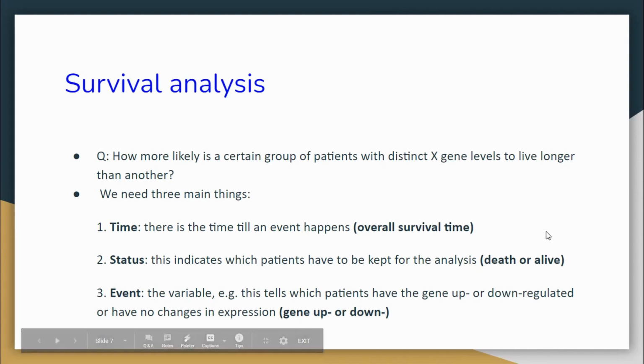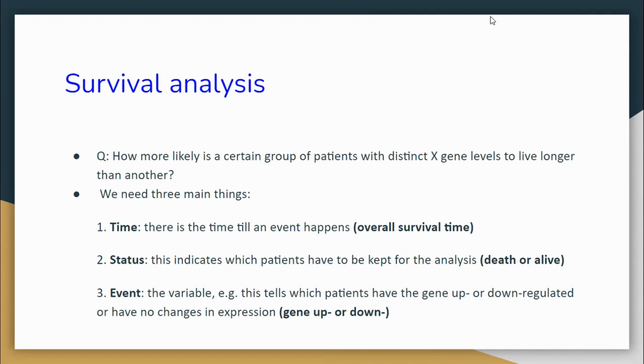Status indicates which patients have to be kept for the analysis, whether the patient is dead or alive. And lastly, the event, which is the variable that distinguishes the status of the patient. For example, this tells which patients have genes up-regulated or down-regulated or have no changes in expression.